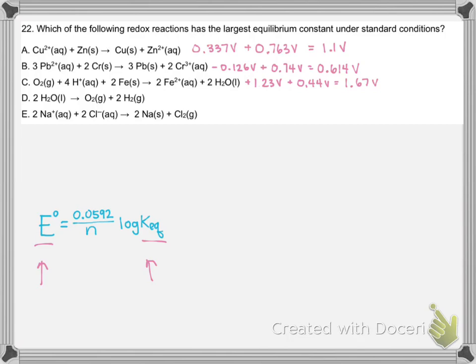For D we'll have negative 0.4 volts, and for E, negative 0.811 volts. And so we want the greatest standard cell potential to get the greatest KEQ, and so the answer here will be C.